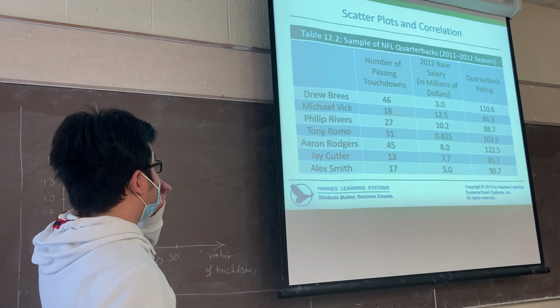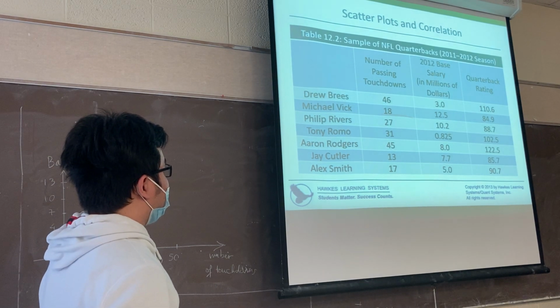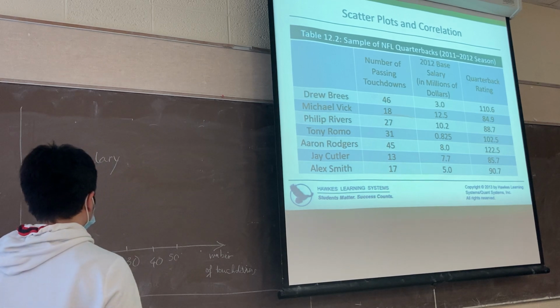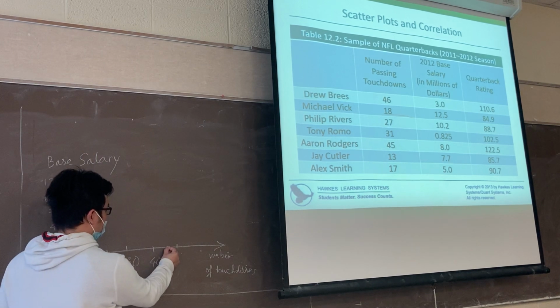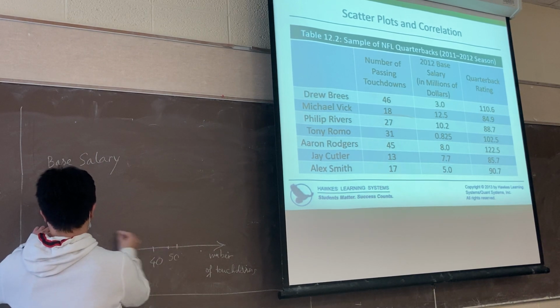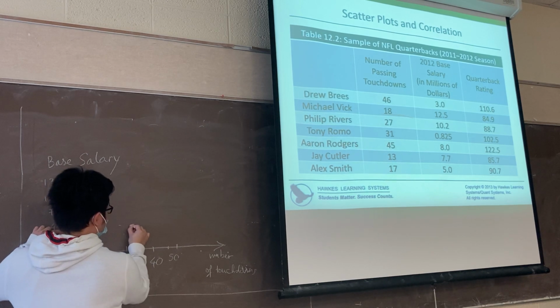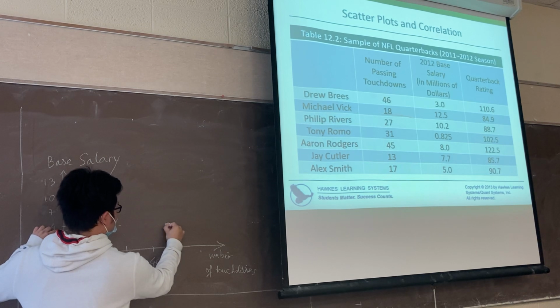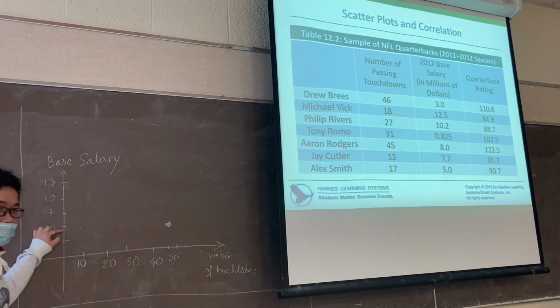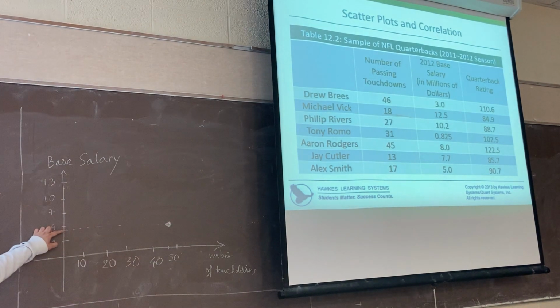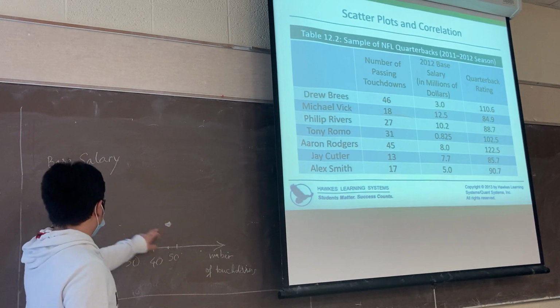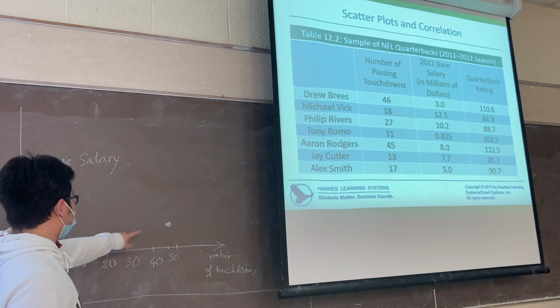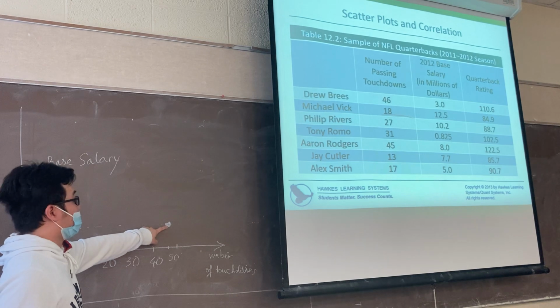Okay, the first one is 46 and 3. So you see 46 maybe here, right? And 3 maybe here. Okay, so put it like this. Is it clear? Let's see the first one. It's 46 here and it's 3 here. So I put a point representing 46 and 3.